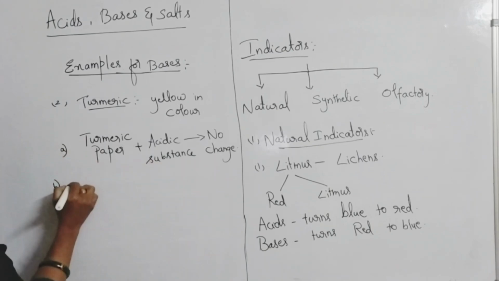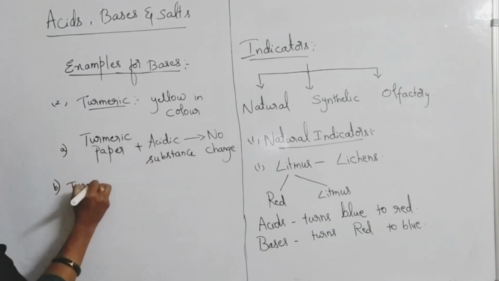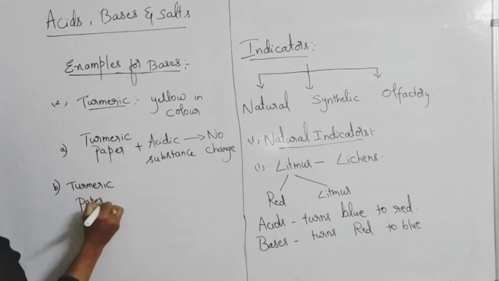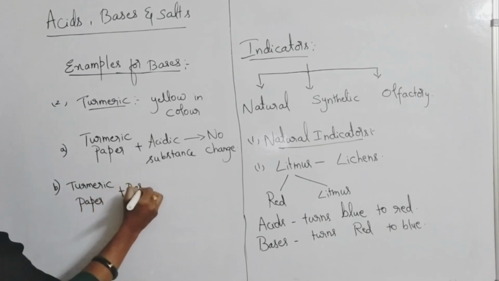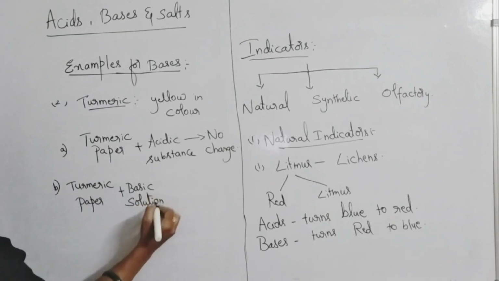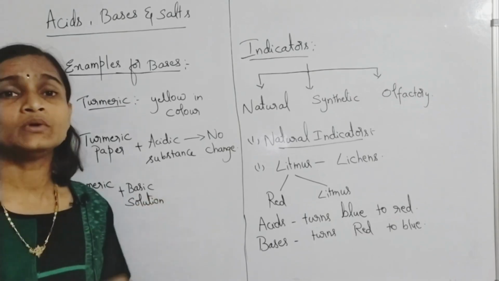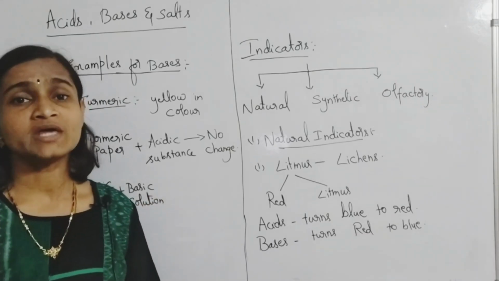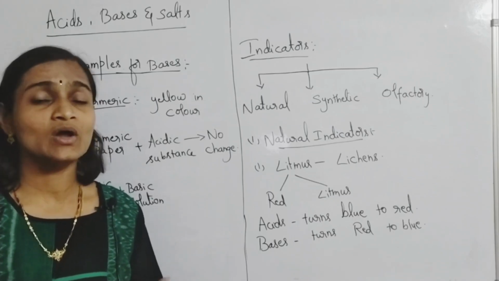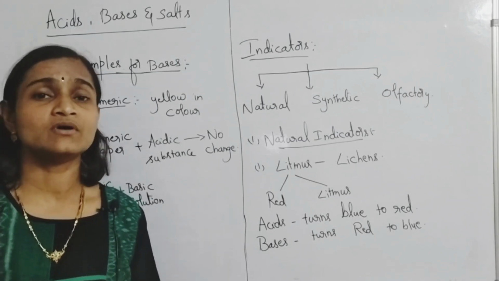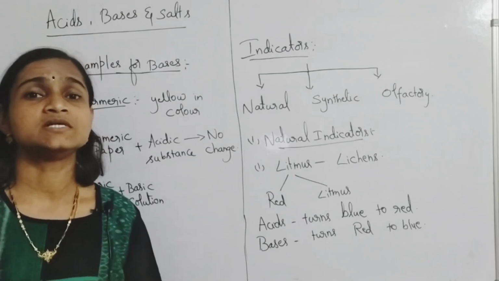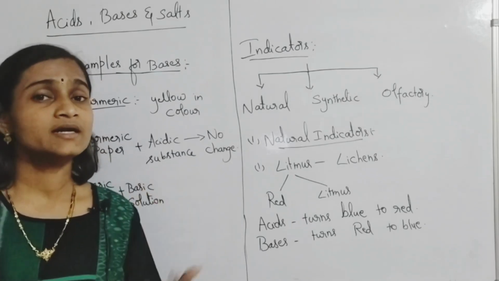Same like that, if you take the same turmeric paper and apply a basic solution on it, like you can take soap solution, or you can take a shampoo. Shampoo also consists of basic solution only. As I already told you, sodium and potassium hydroxides will be there in basic substances, even in soaps and detergents.